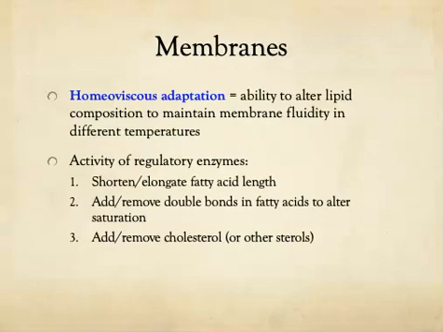It's a fascinating process. It involves enzyme systems that can make changes to those three key structures within the tail section of the membrane. Remember, those are the amount of sterol, the amount of cholesterol for animals, the number of double bonds, or the saturation of the tails, and the length of the fatty acids.